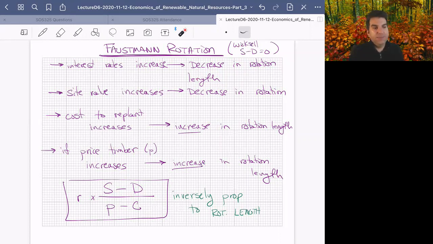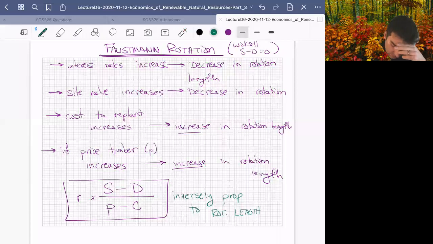All right, so any questions about that? Oh, one more, sorry. Yep. So you just said that if that entire formula increases, the rotation length will do the opposite? Right. Okay. Right.